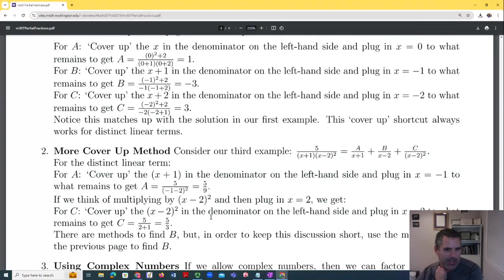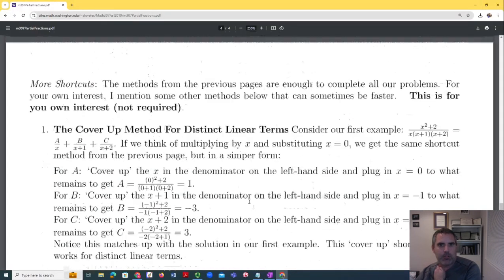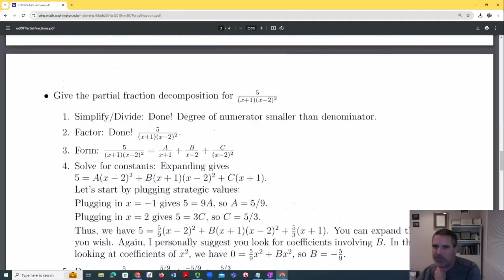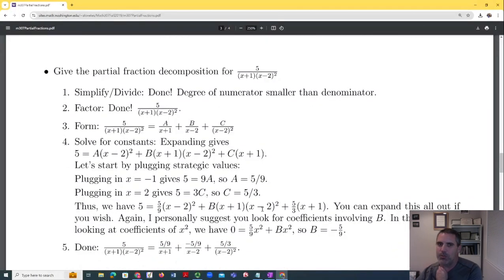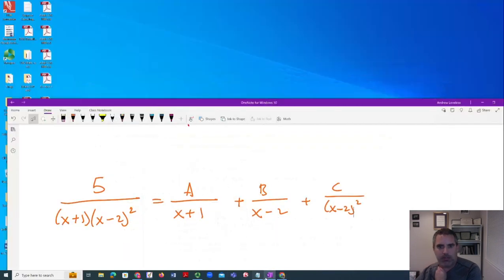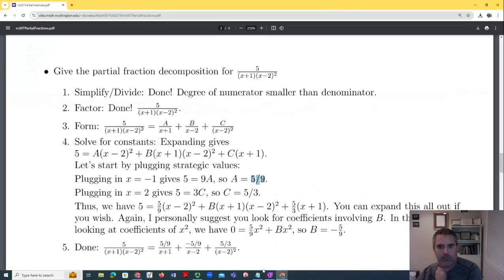So I had to remind myself how this goes. The numbers in our third example. So you can see this is why I don't teach this, because it doesn't always work. So that 5/9, let's see if we can get that 5/9 out. Sorry.